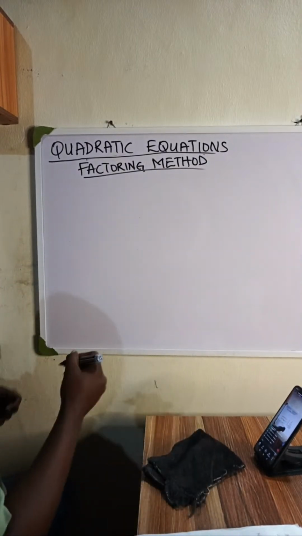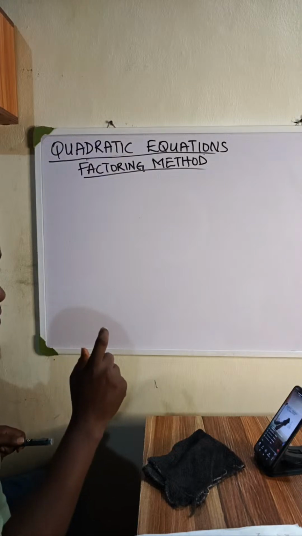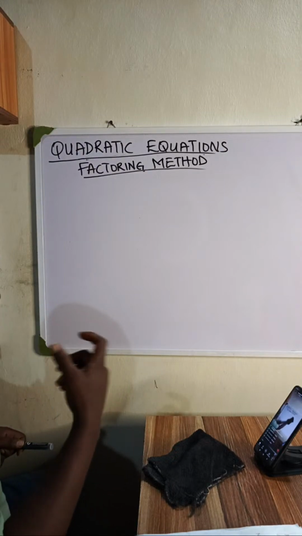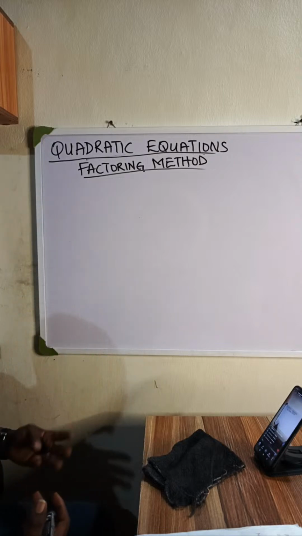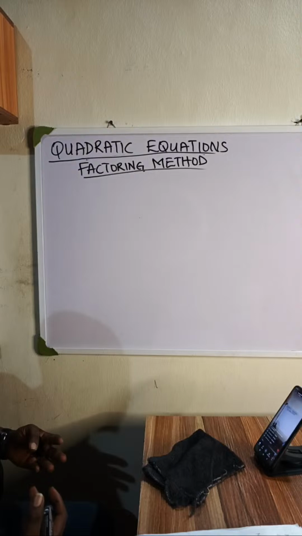So I'd like you to try this question using the factoring method that we have learned today. In our previous class, you guys solved the same question using the formula method.